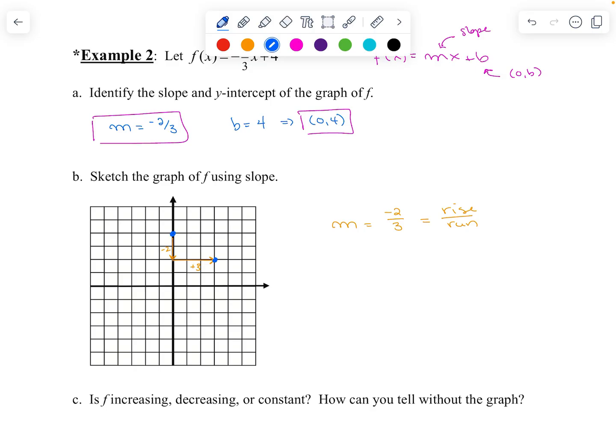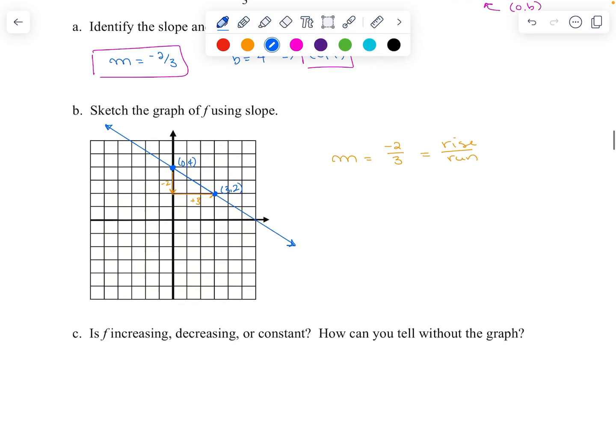All we have to do now is connect the 2 points. Label them. And you have your graph.